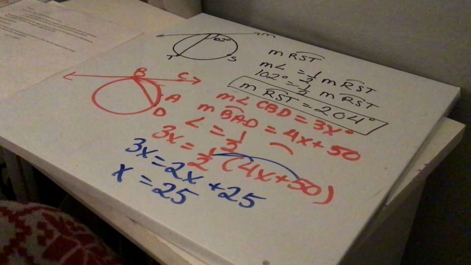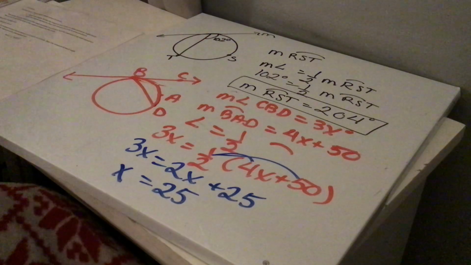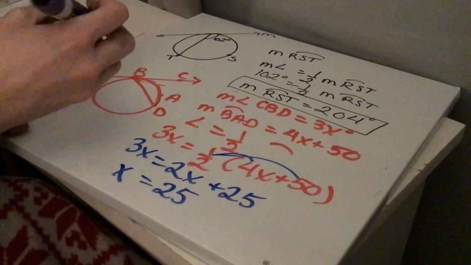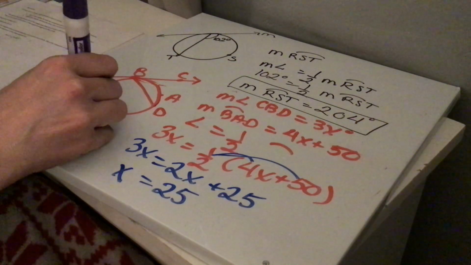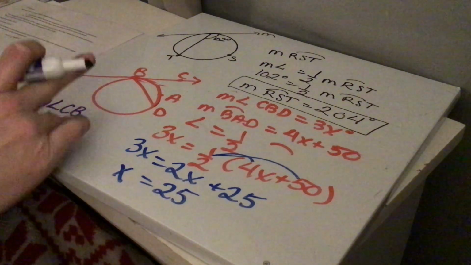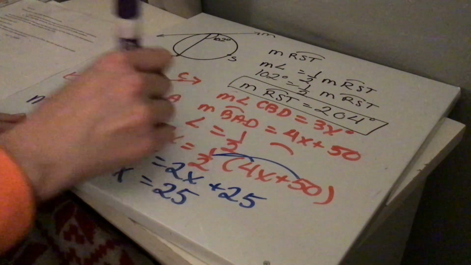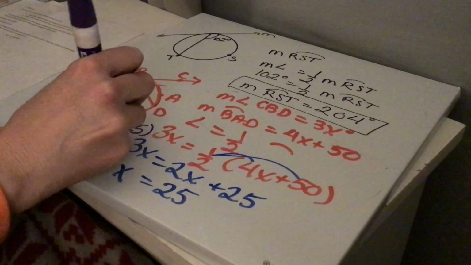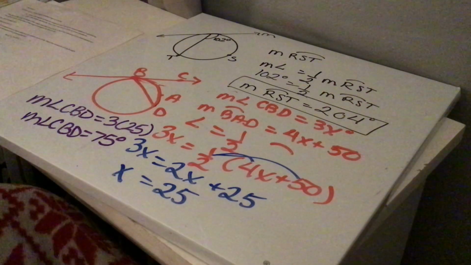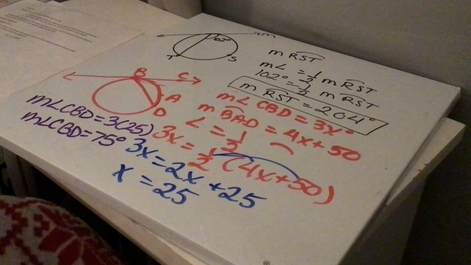Then you can use that to find the measure of the angle, because the angle is 3 times that. So the measure of angle CBD would be 3 times 25, or 75 degrees. Okay, if it's on the circle, it's half the arc.